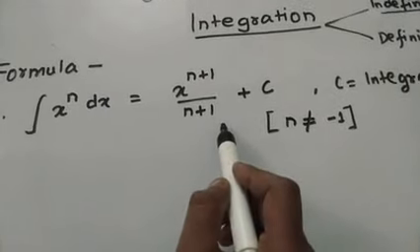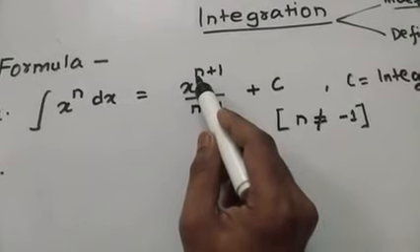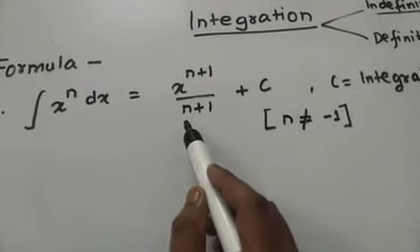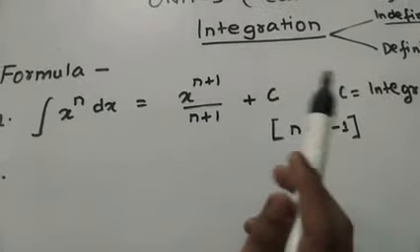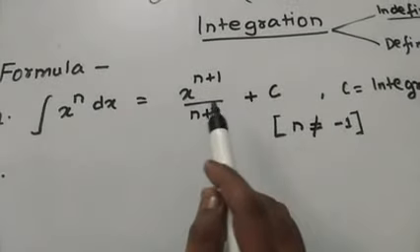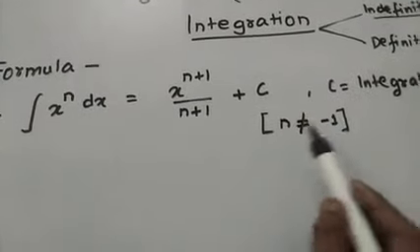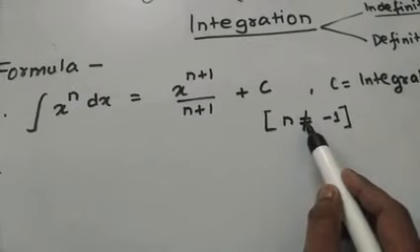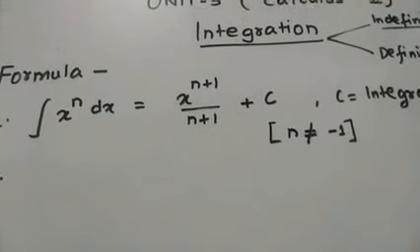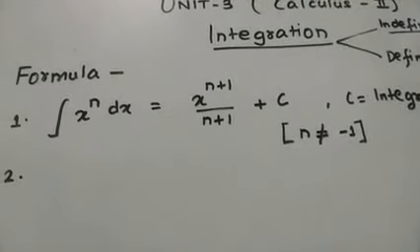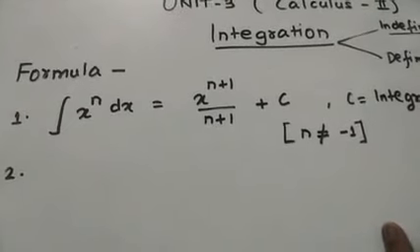And we always know that if something is divided by 0, that is infinity. So to avoid that, we have supposed that n will never be equal to minus 1. Clear? For minus 1 there is a separate formula I will give you.